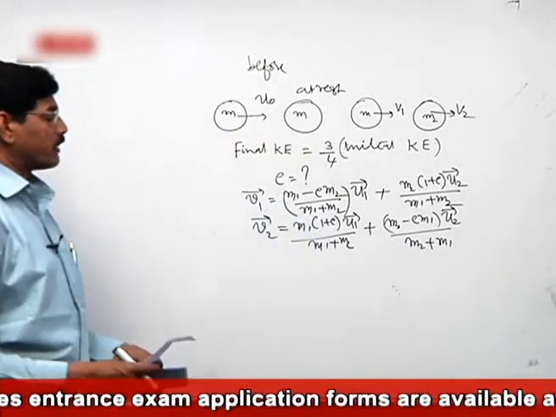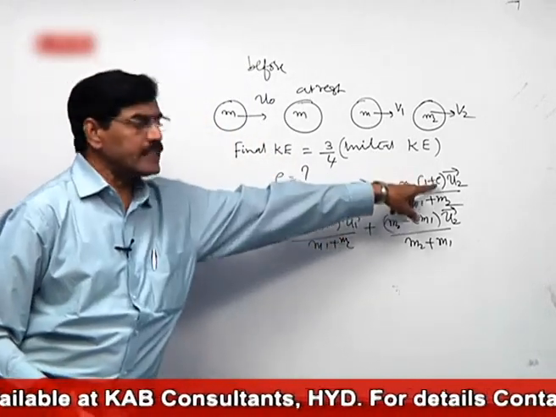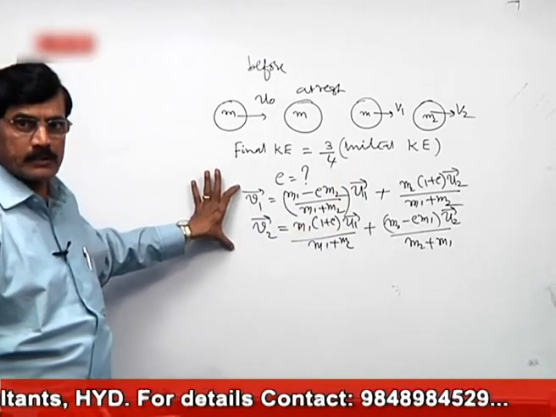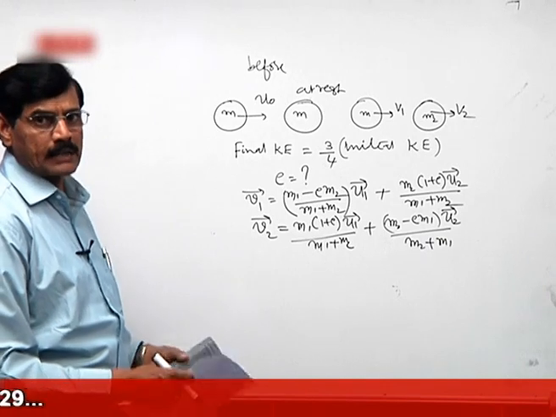So these are the two equations. The only difference is that e is involved in the expression. When you put e equal to 1, these reduce to the one-dimensional elastic collision equations.